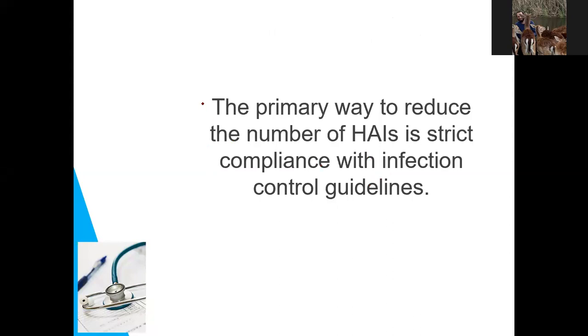So the primary way and the factor that we can control to reduce the number of health acquired infections is strict adherence and compliance with the infection control guidelines. This is the main and controllable factor. This is in our hands. We can control this. You cannot control the immunocompromised patients.